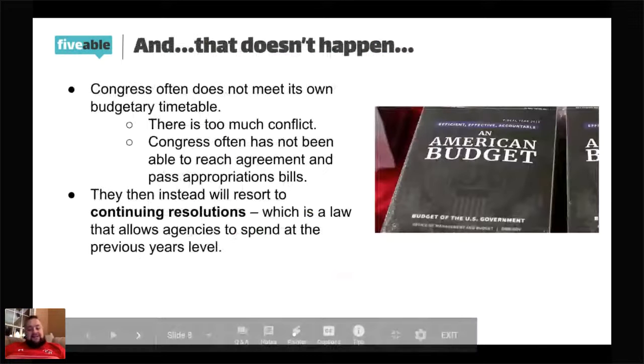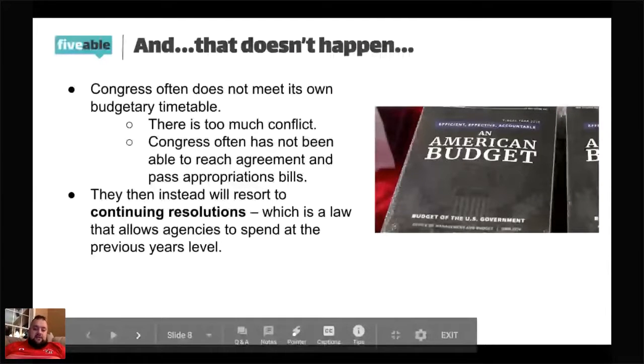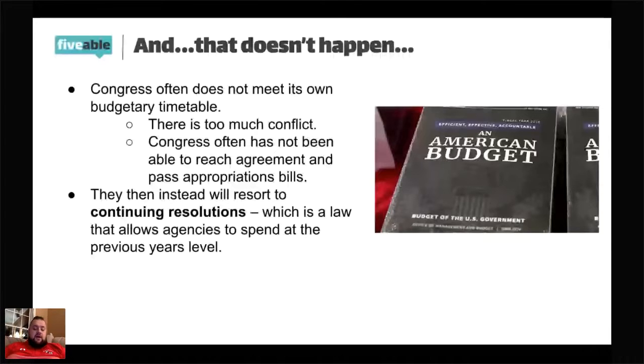But that doesn't usually happen, because that's the nice version of government, and this is now going to be the reality of government. Congress doesn't often meet its own budgetary timetable. There's just simply too much conflict. Even if the president and the Congress are of the same political party, typically there's a lot of conflict, and the budget just does not go smoothly through.